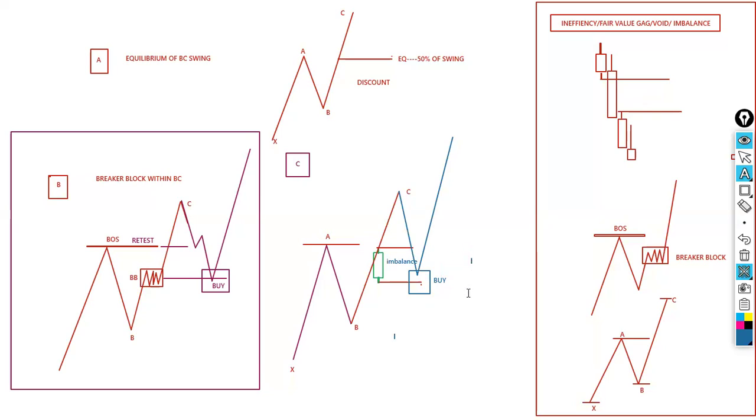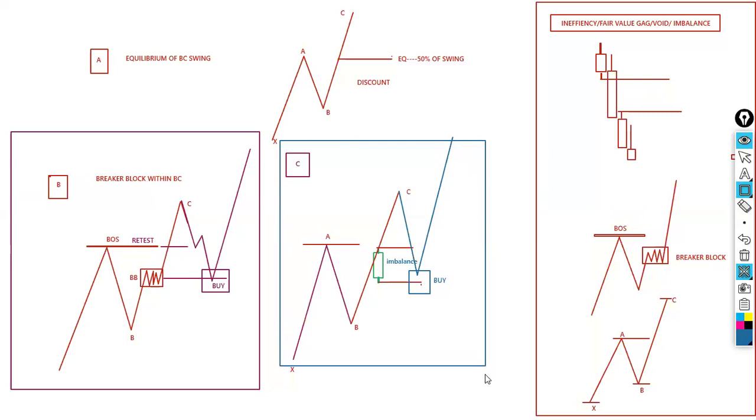Now, I will be talking about another kind of pattern that I get to see when it comes to swing study before I buy within my BC leg. I've talked about one. If I am looking at my BC, I want to see if there is a breaker block. That is the last consolidation that happened before the break of structure. I will expect that the market will retrace into that level, then I will buy.